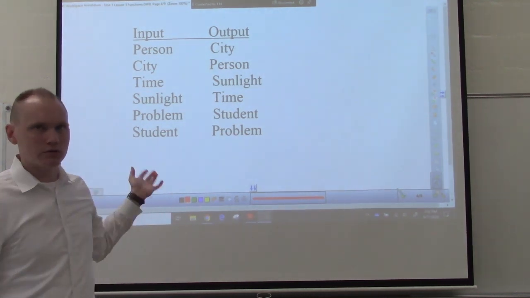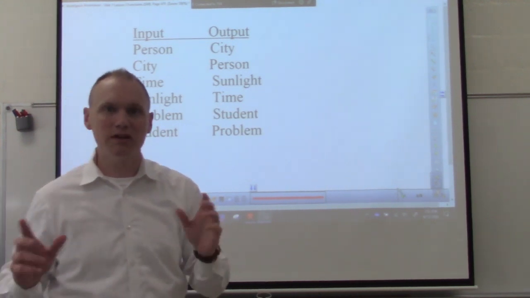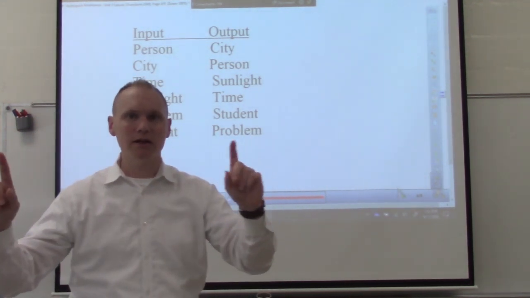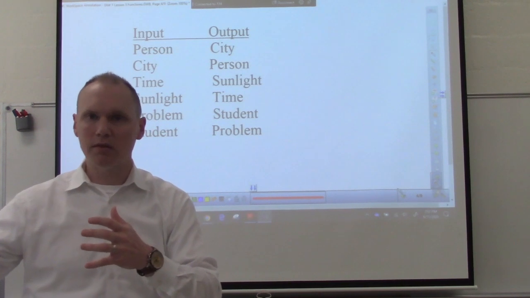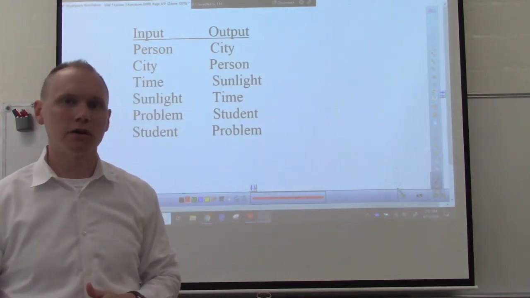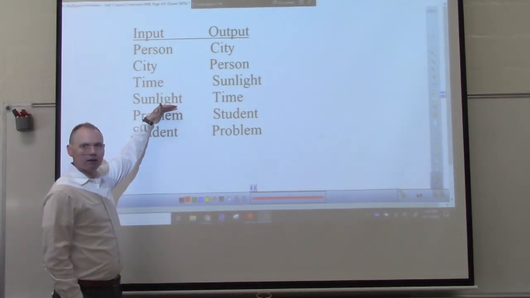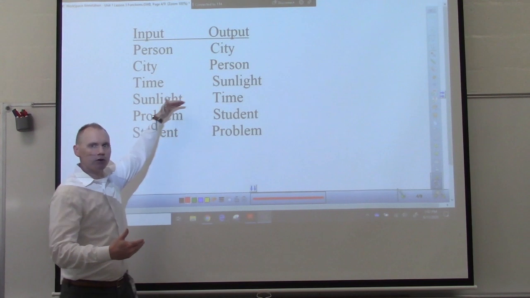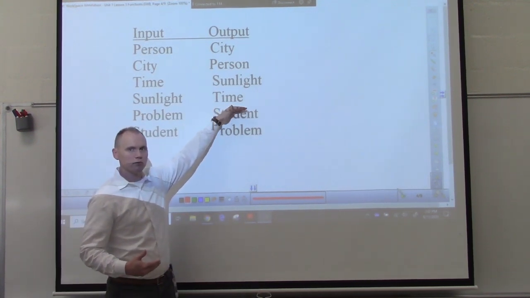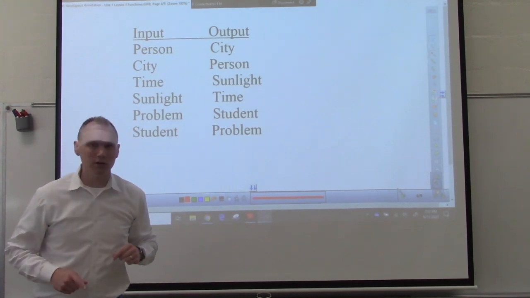Well, if you think back to those graphs, there were 2 or if not more times during the day in which the same amount of sunlight was occurring, probably maybe in the morning and then afternoon. The same amount of sunlight was occurring. So if I say, when is the sunlight this much? Well, there could be multiple answers, multiple times in which that occurred. So it's not a function.